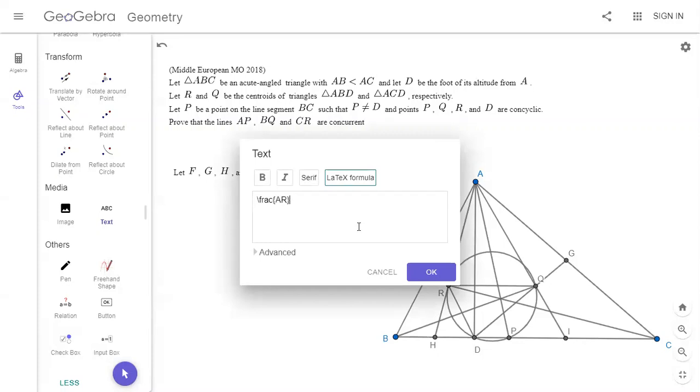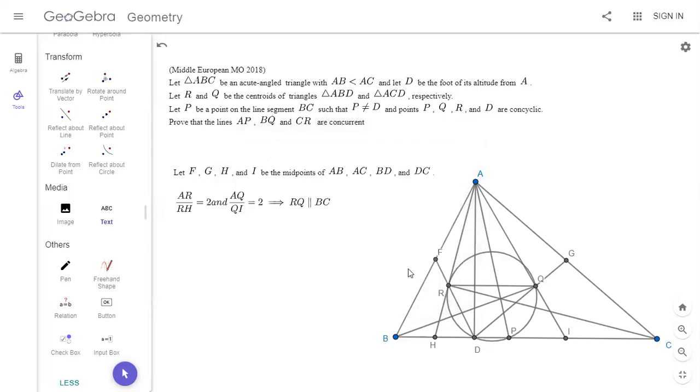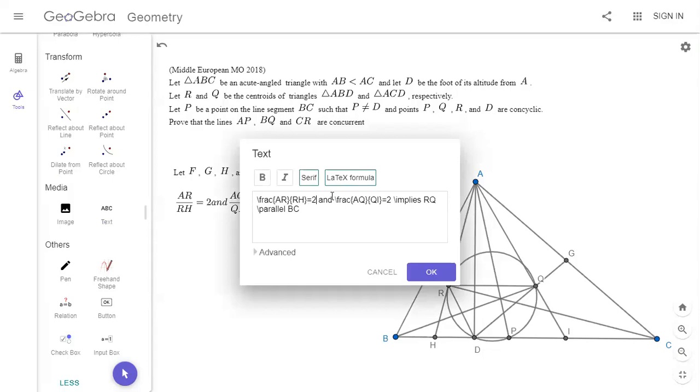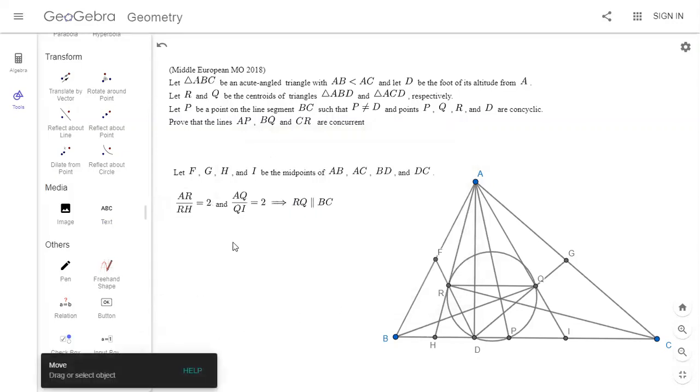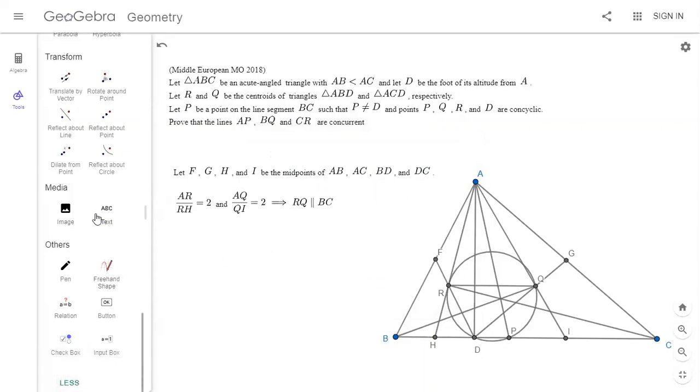Whoops. AQ over QI is 2. So that means that RQ is parallel to BC. Whoops. Gotta add in some dollar signs here. And then FBD and GDC are isosceles.